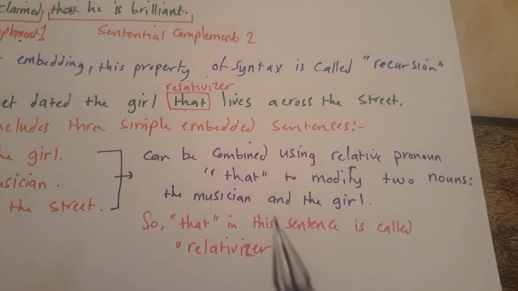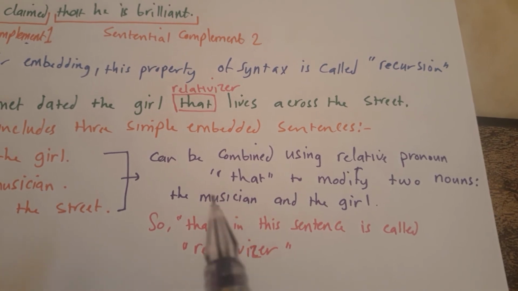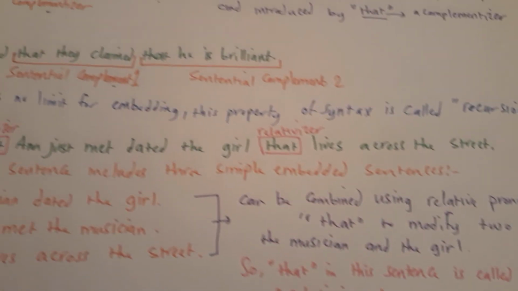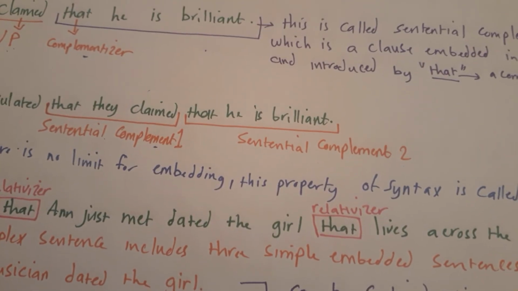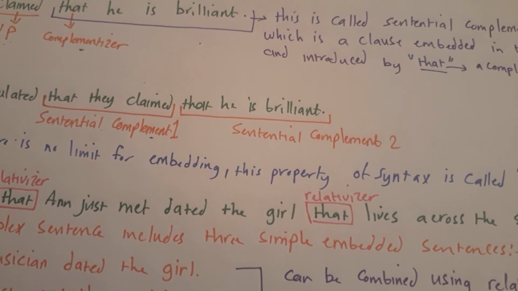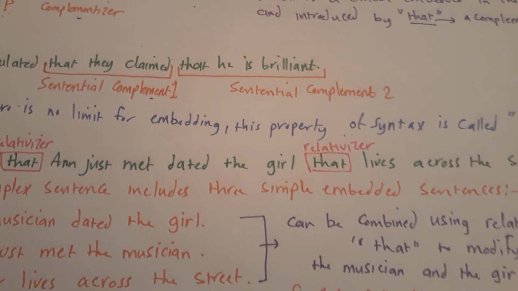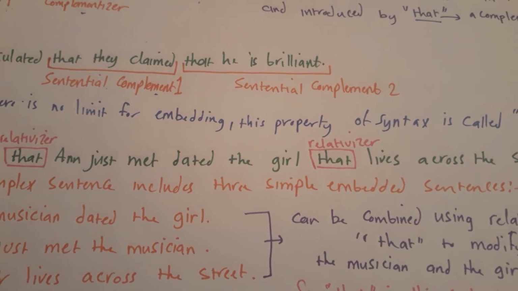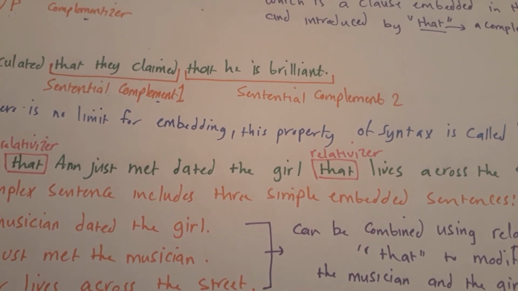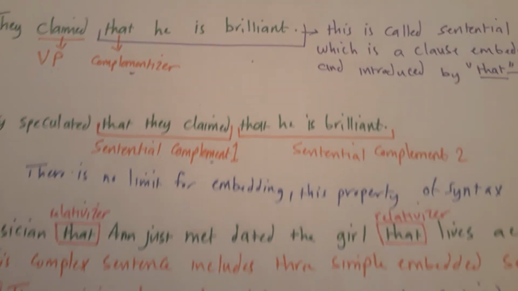Now that here modifies 2 nouns. We have the musician and the girl. So that is the sentence. This sentence is called the relativizer, يعني اللي هي بنسميها relative pronoun. I think you studied this before.